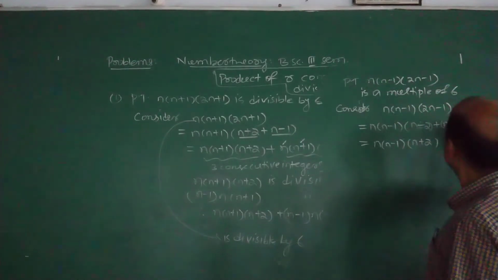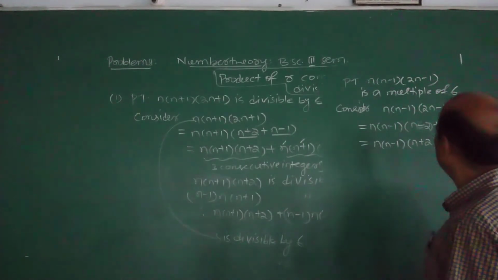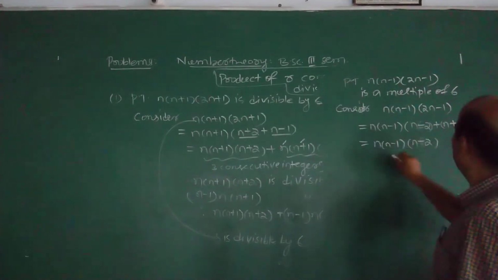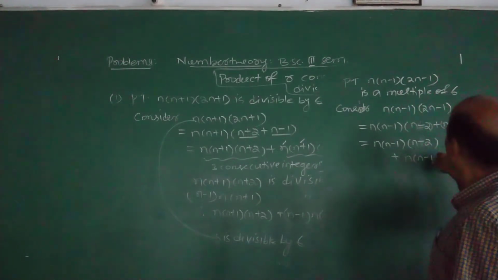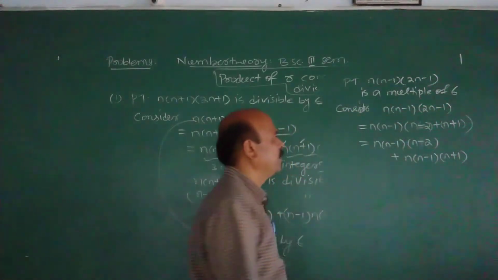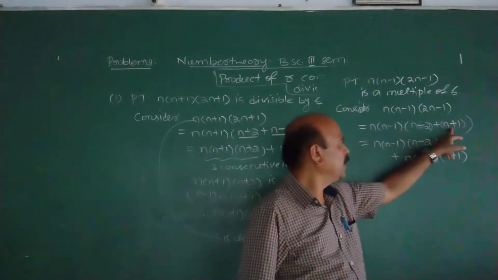Therefore we take n minus 2, n plus 1. Is it correct now? n into n minus 1 into n minus 2 plus n into n minus 1 into n plus 1. Yes, we have to take n minus 2 and n plus 1.